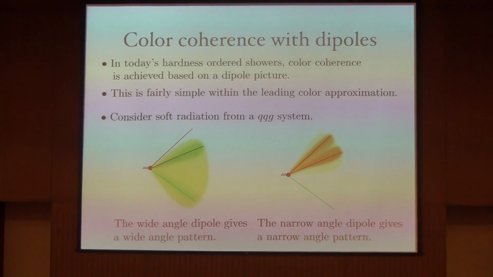So with the aid of that, I can tell you a little about color coherence with what's in Pythia, which is a dipole shower. You consider that the radiating system that's going to radiate a soft gluon is made of color dipoles. And if you do it in the leading color approximation, then if I have one antiquark, one quark, and one gluon, the gluon has a green line, a color that's connected to that green line, and a red line, the color line. So that's the 3 and the 3 bar line.